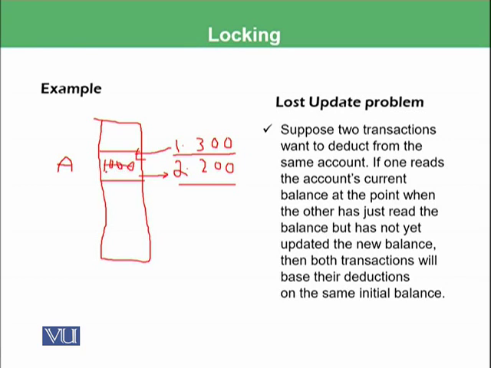However, instruction 2 has read 1000, and that 1000 will be subtracted by 200, saved in the same location, and it will now become 800. So two transactions want to deduct from the same account. If one reads the current balance at the point when the other has just read the balance but has not yet updated the new balance, then both transactions will base their deduction on the same initial balance, which was 1000 in this example. So what is the solution?